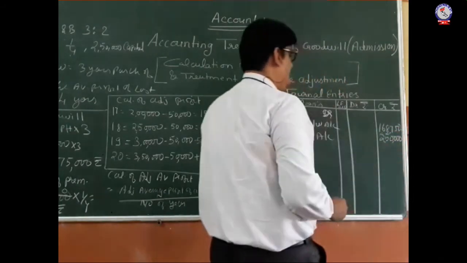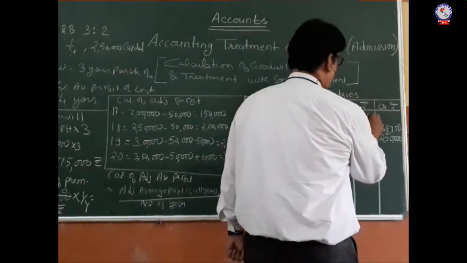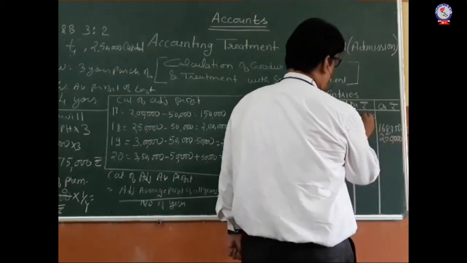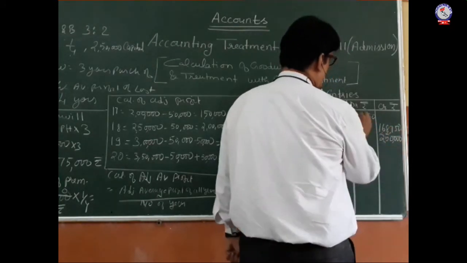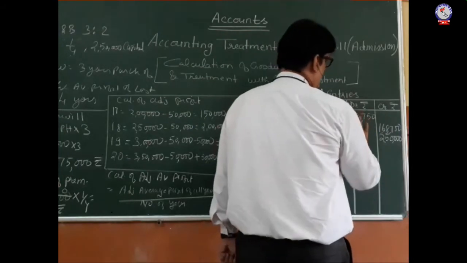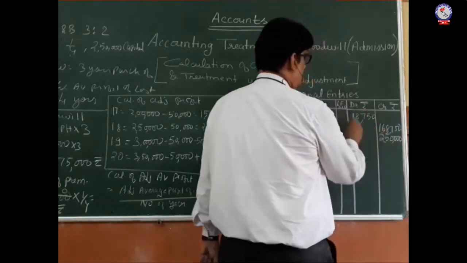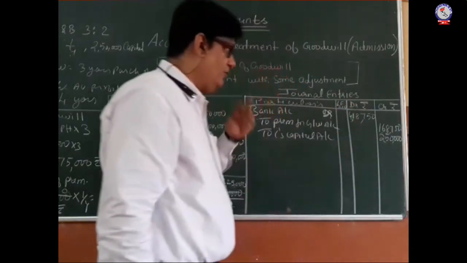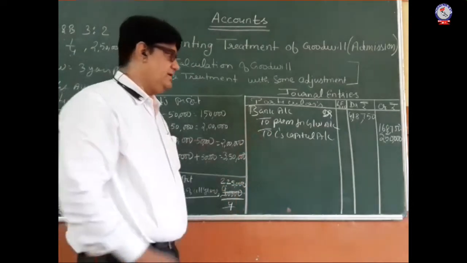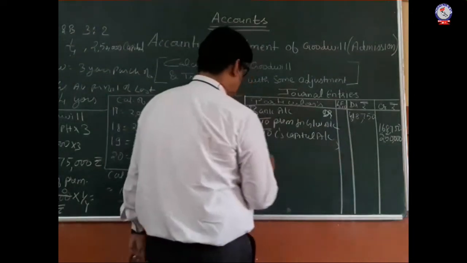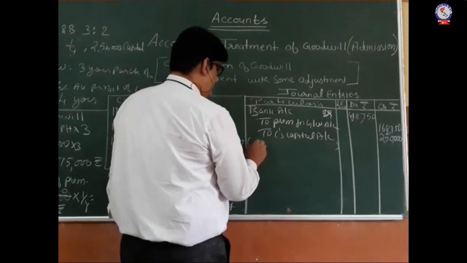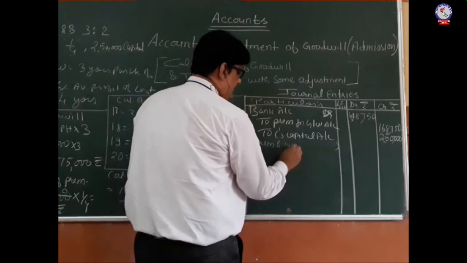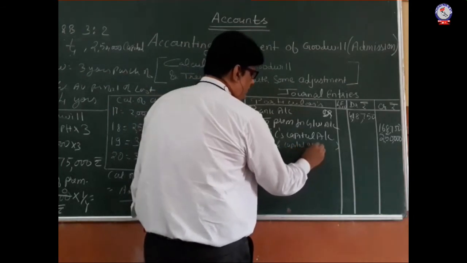So total amount will be 4,18,750. This is the amount brought by C on his admission, that is premium and capital amount.